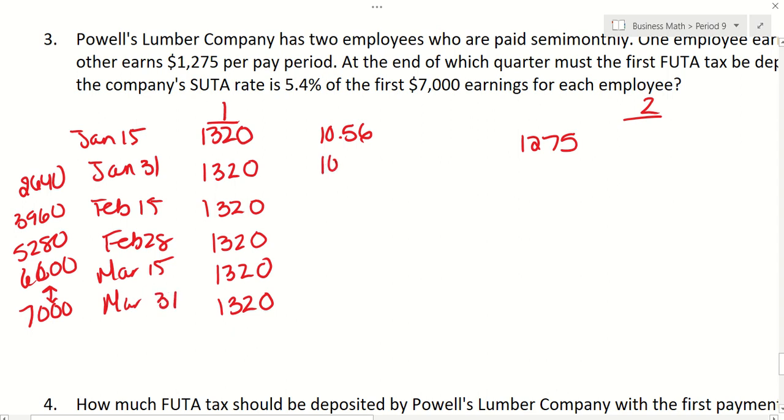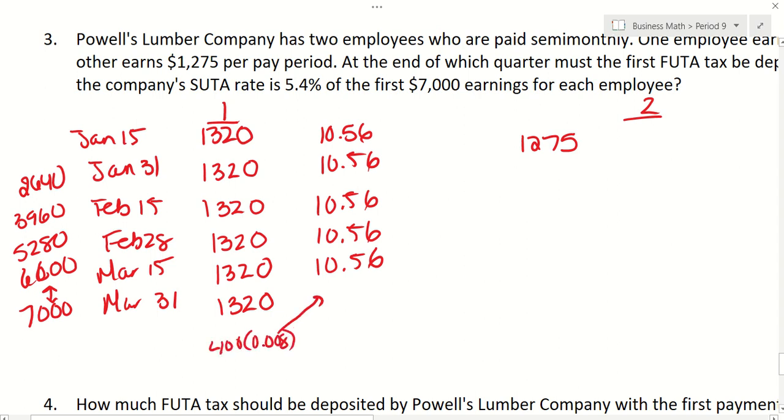All of these will be 1056 because they're the full paycheck, till we get to the very last line and we ask ourselves, how much are we from 7,000? If the last one stopped at 6,600, we are 400 away. So to get this last amount, you take 400 times the 0.008, and you should get 320. So employee 1 is done.